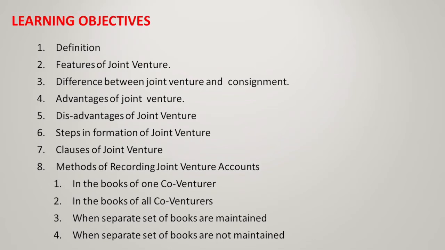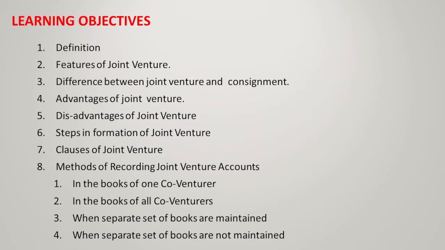Under different methods, there are 4 methods. X, Y, Z are the co-venturers. If X is maintaining the books, we pass journal entries in the books of one co-venturer, X, and prepare the joint venture account and the co-venturers' personal accounts.